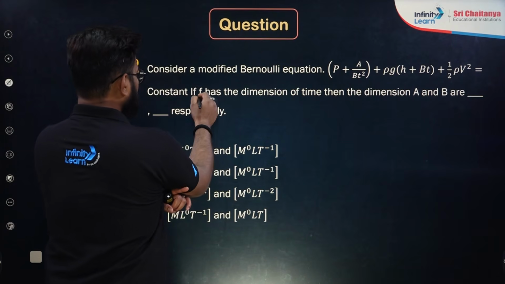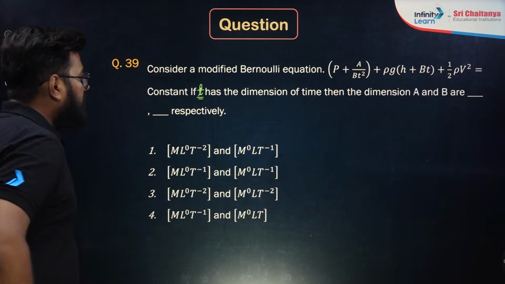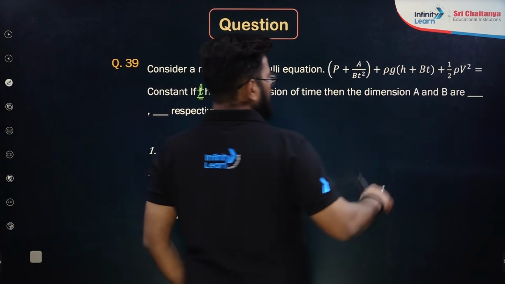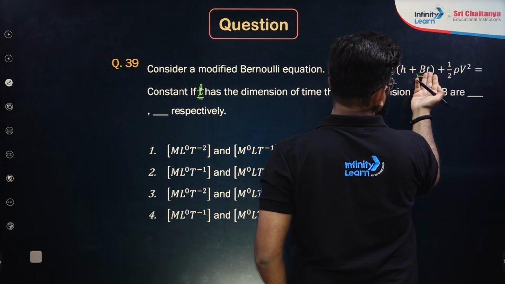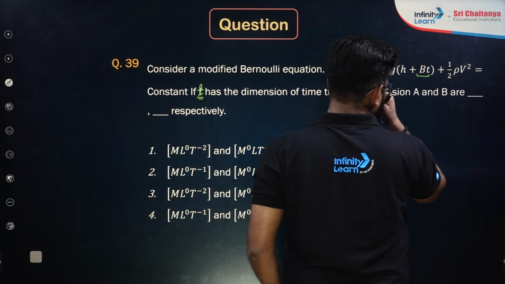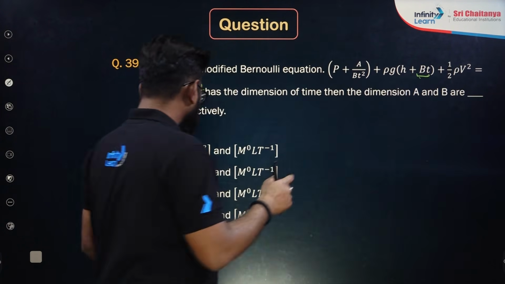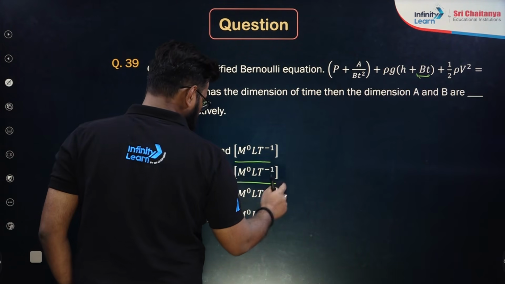If T has the dimension of time, then what are the dimensions of A and B? So this should be height h. First of all, this should cancel T and be equal to h, so this should be equal to h by T. That means this should have the dimension of velocity, right? So it is matching over here.